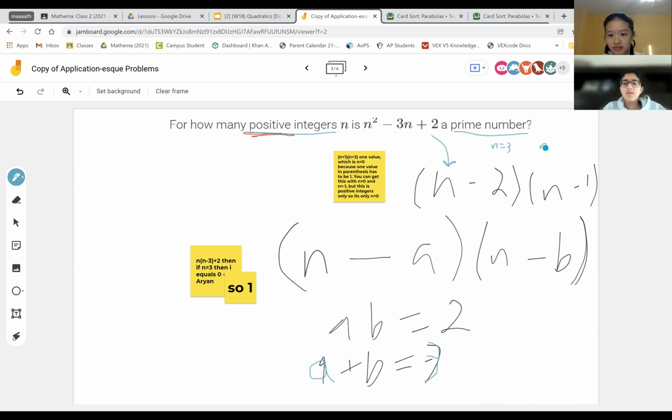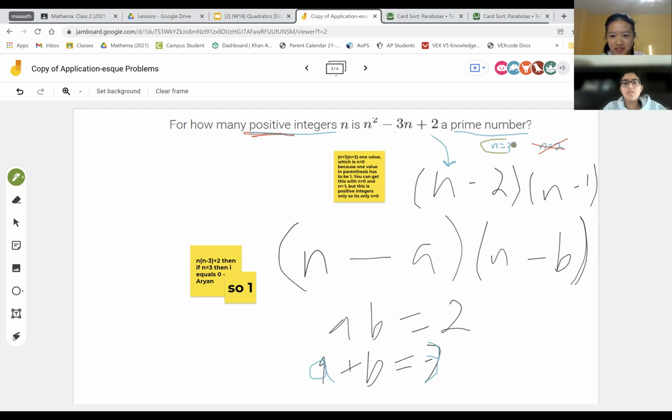We can also set n equal to 2 to get n minus 1 equals 1. And then n minus 2 would be equal to 0. So 0 times 1 is 0. And 0 is not a prime number. So n minus 2 doesn't work.